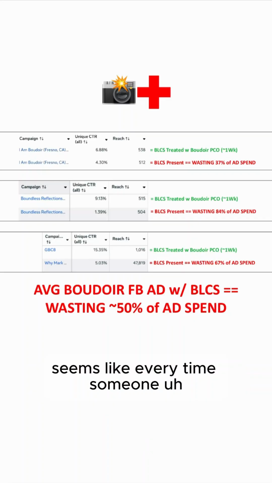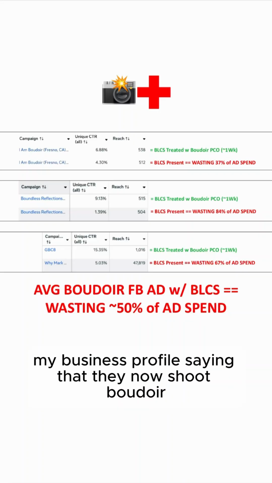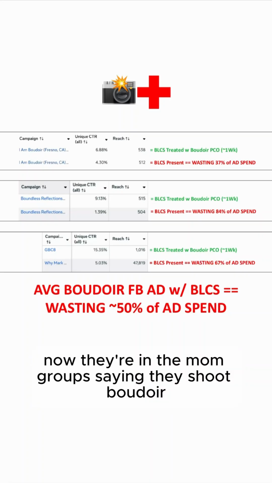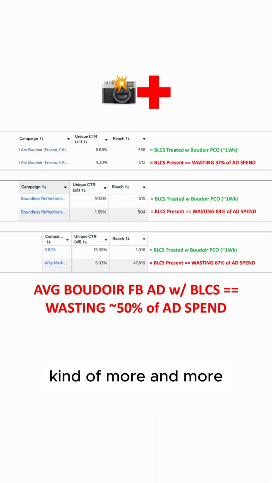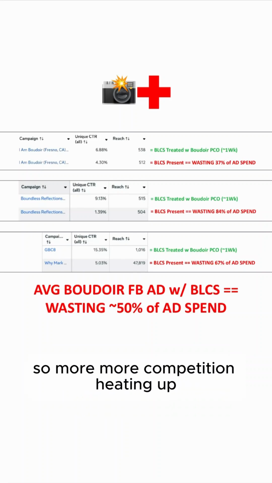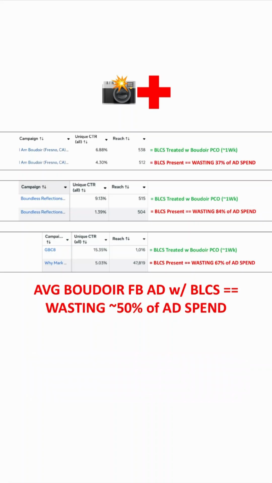Seems like every time someone gets a new iPhone, they're throwing up their Google My Business profile saying that they now shoot boudoir, or they get a new camera. Now they're in the mom groups saying they shoot boudoir. More and more boudoir photographers keep coming out, with basically the same number of buyers. So more and more competition heating up.